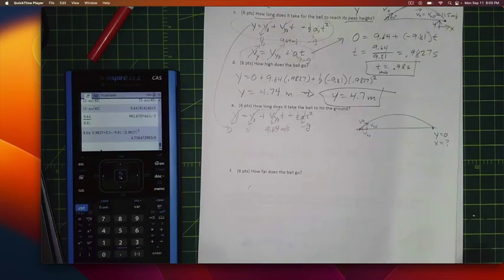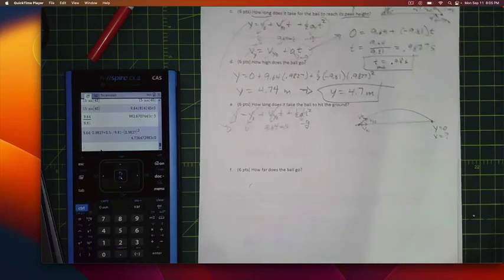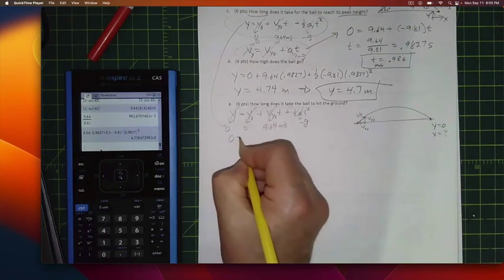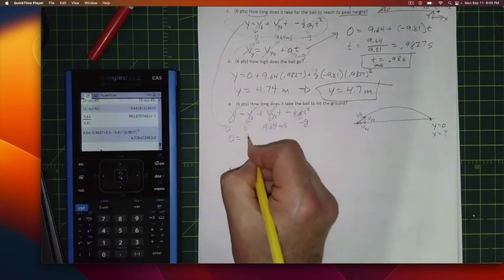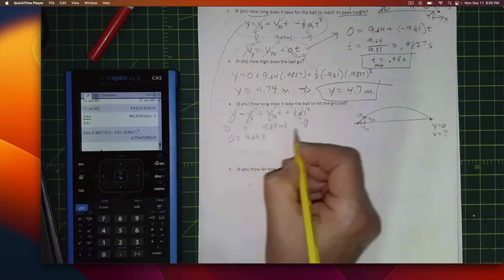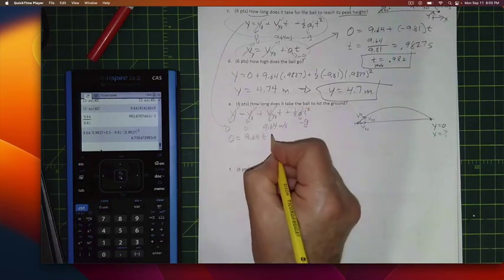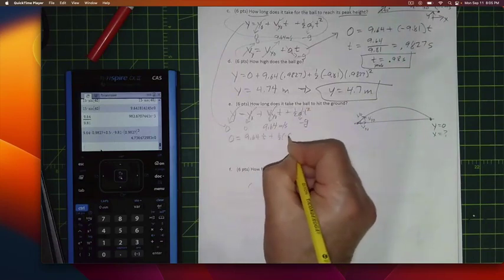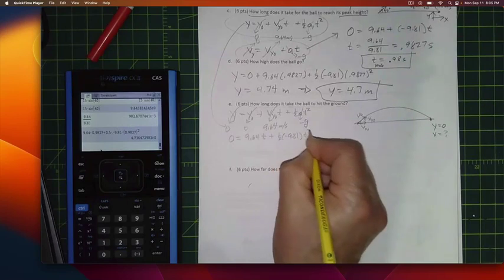All right, and so we can just plug in. So 0 equals 9.64 t, because t is what we're looking for, plus 1/2 times negative 9.81 t squared.